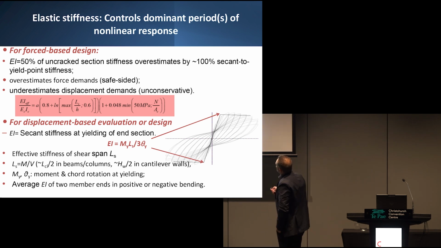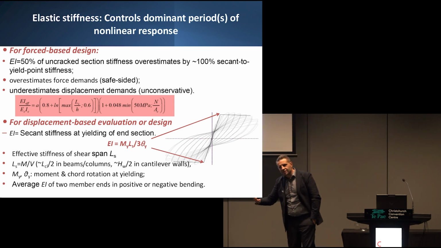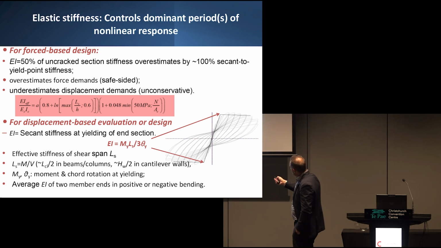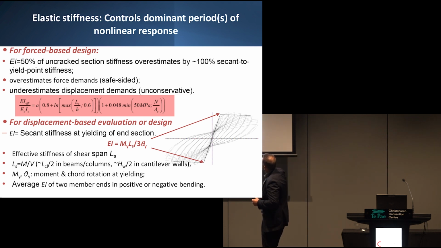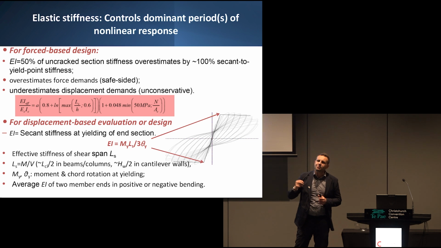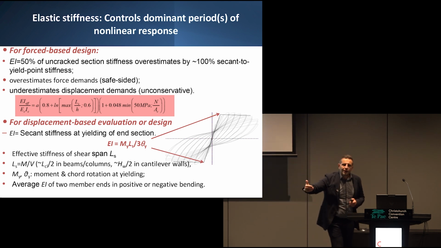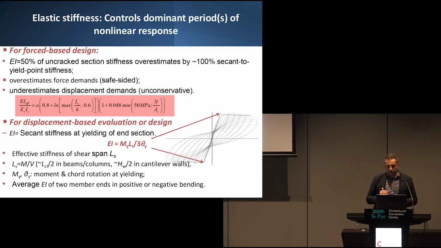If, while reading the document, you have an assessment on an existing structure, the recommendation is always to try to calculate the secant stiffness by looking at the moment curvature and possibly average the positive and negative, instead of using formulas which could be empirical formulas that maybe have been validated on new structures, and they may have a far higher variability.